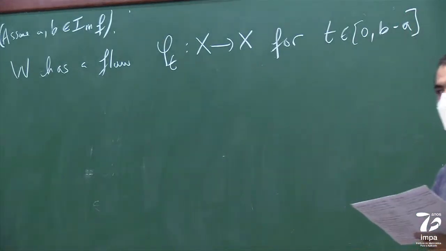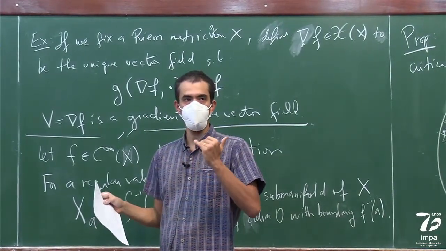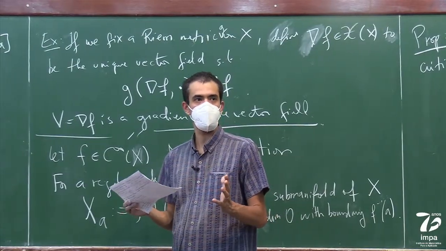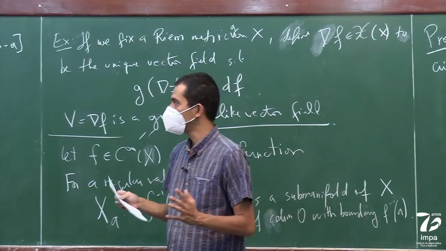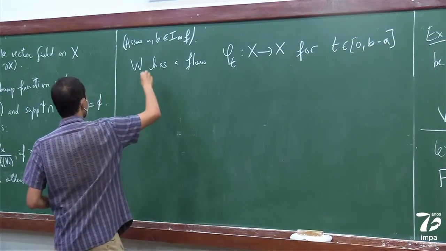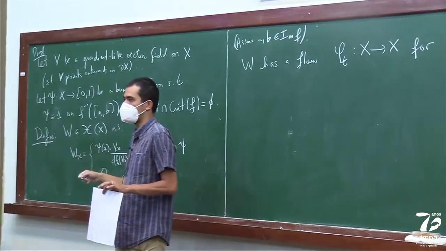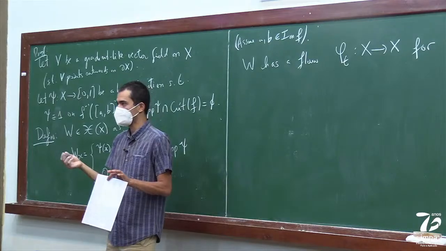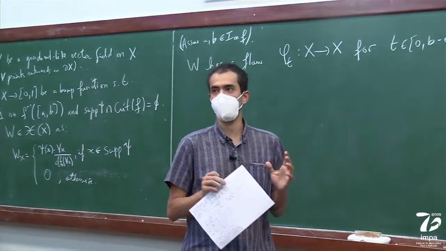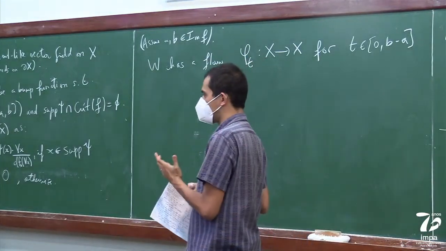My claim is that this flow will exist as long as you don't leave the manifold. So basically, the main thing you have to check is you can flow because the support is compact, so you won't have a problem with the flow exploding. The only problem you might have is that the flow hits the boundary. Okay? So let me show you that doesn't happen.